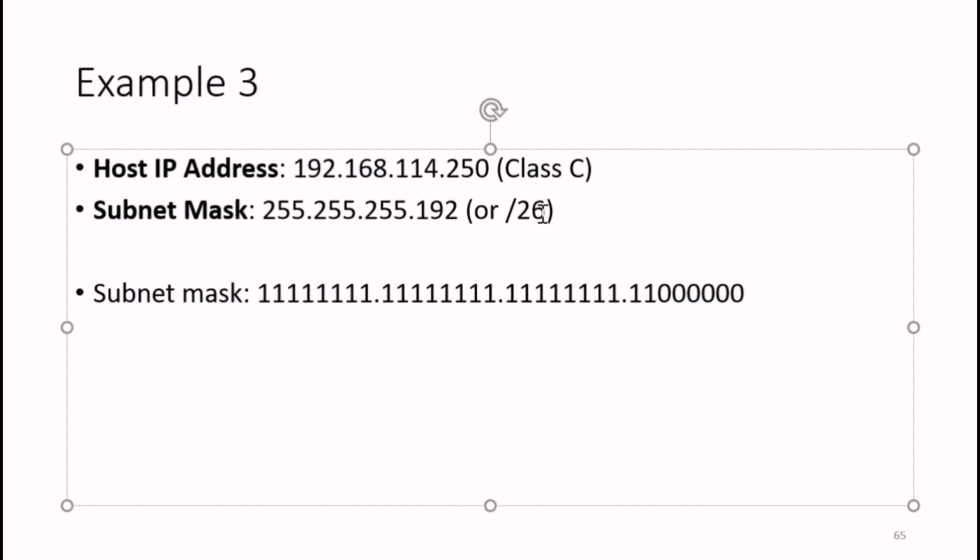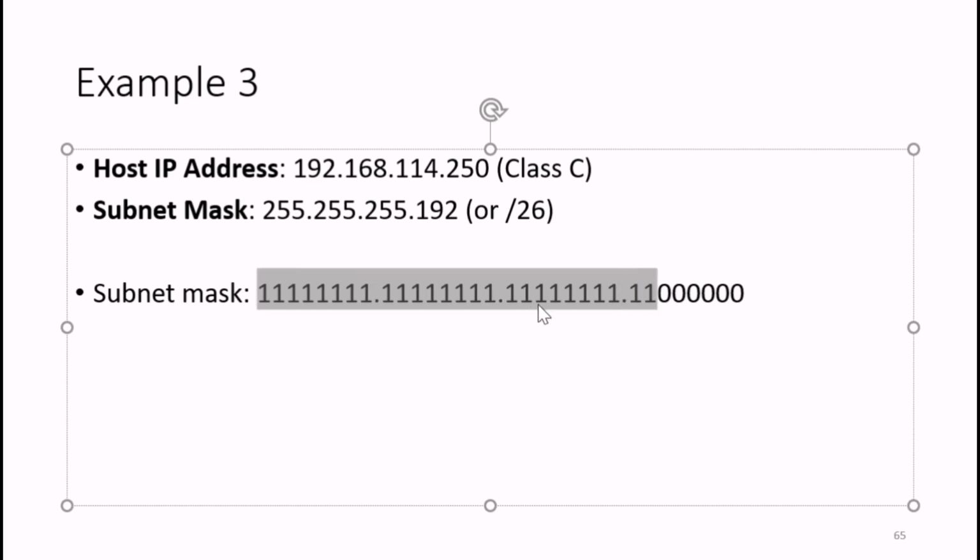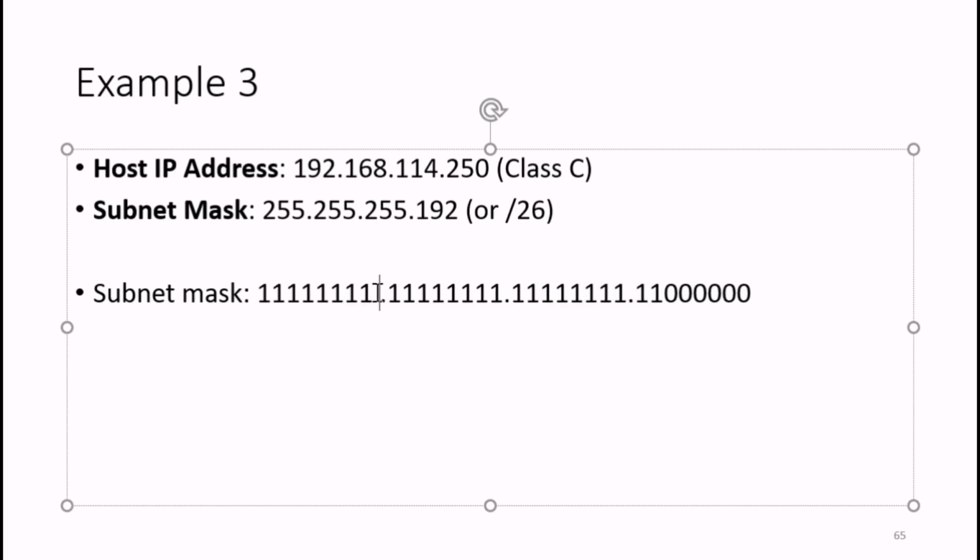Because here we know that this is /26 for the subnet, it means that there should be 26 bits of 1 here. So we have 8 here, 8 here, 8 here, and another 2 here in this last octet.